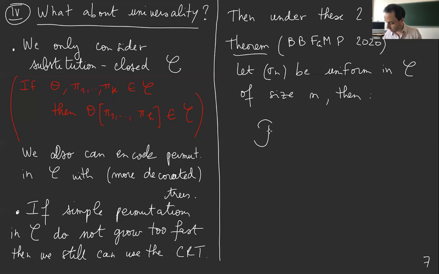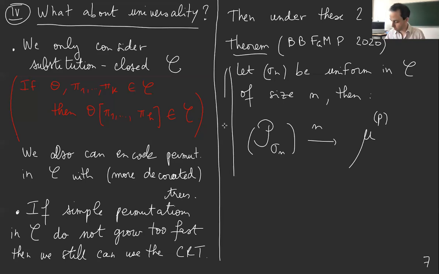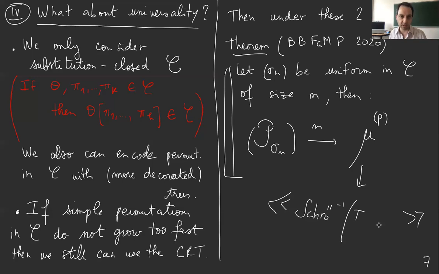Then the permutant associated to sigma n converges in distribution in the space of permutants towards mu, perhaps with another parameter. Very informally, this is the permutant corresponding to Aldous's CRT decorated with unfair pluses and minuses.